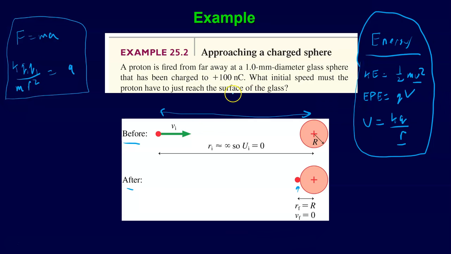So that's a tip. Like in this problem here, we're given the initial velocity and the final velocity. It's buried in the question, but it's there. And then we're given information about distances, the fact that it's super far away. So that's a tip that this could be an effective approach.